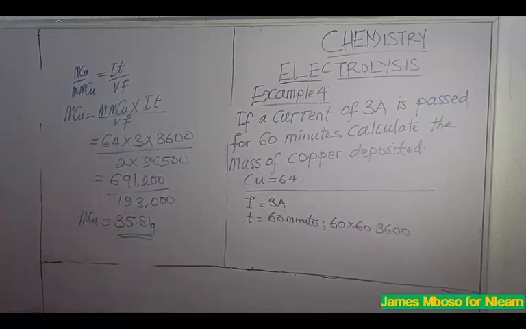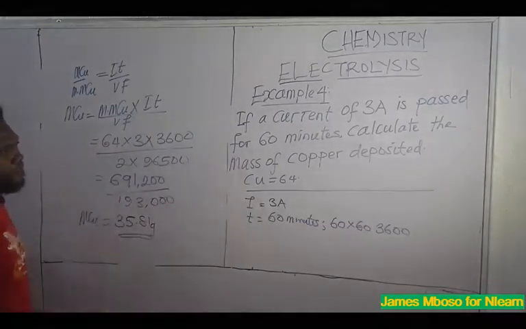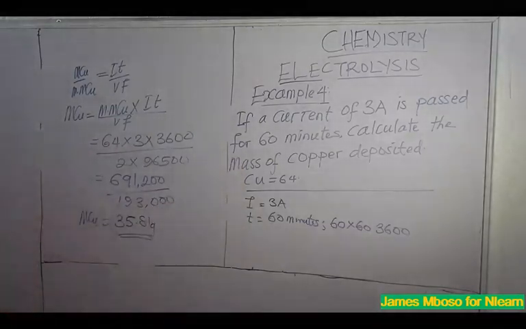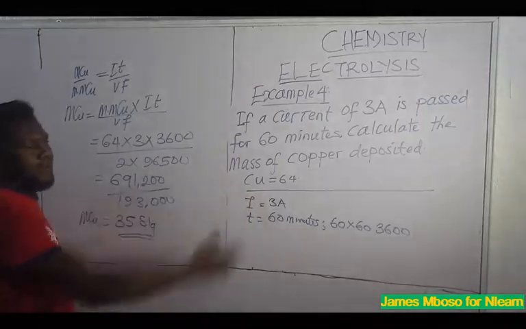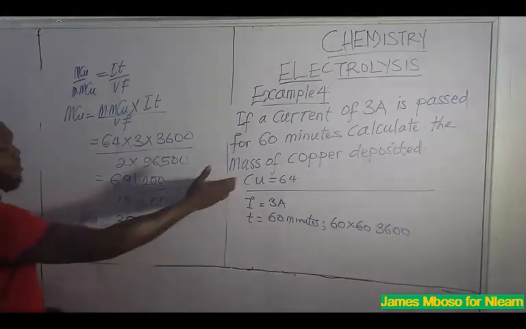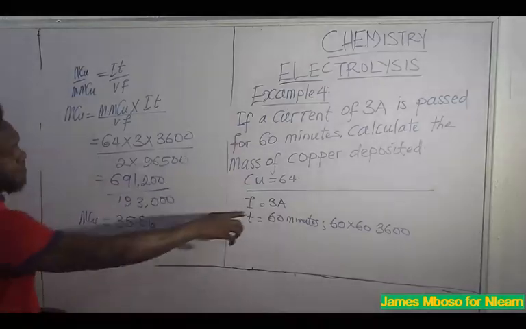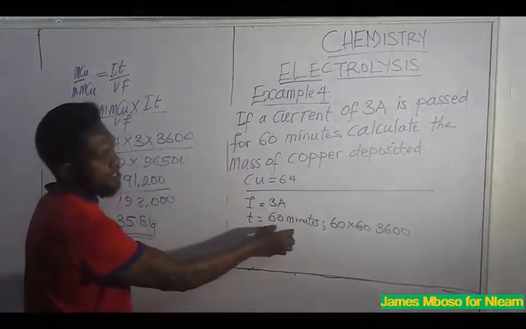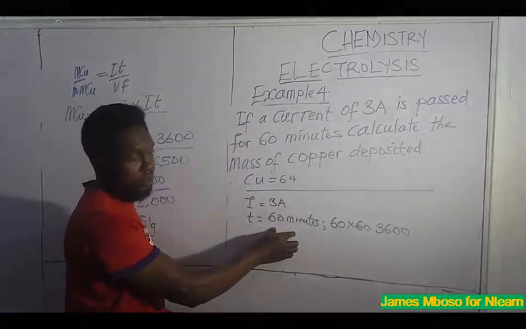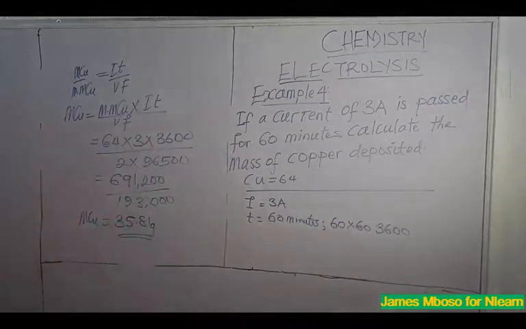So, if a current of 3 amperes is passed for 60 minutes, calculate the mass of copper deposited. We're only given the molecular mass of copper as 64. Since the molecular mass is 64, we know the current as 3. We break down the 60 minutes to seconds, so that's why you multiply by 60, you have 3,600 seconds.